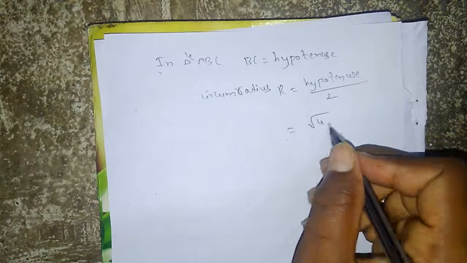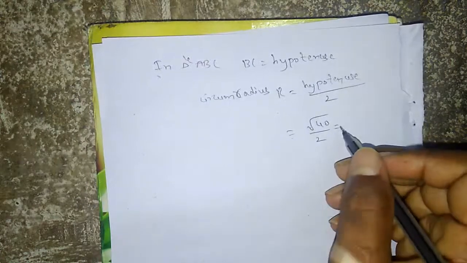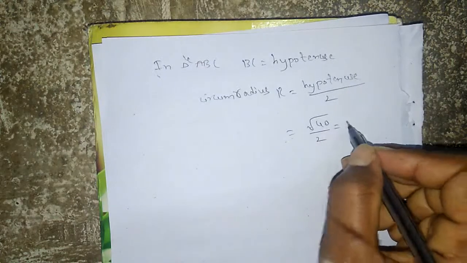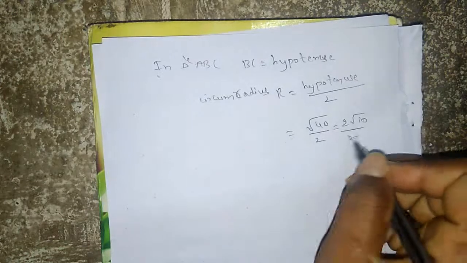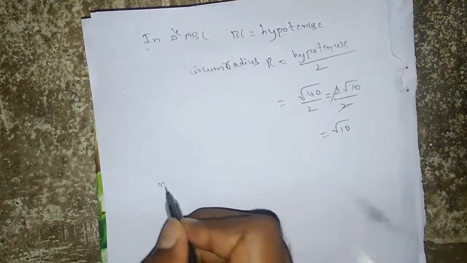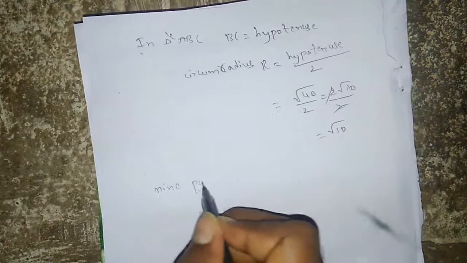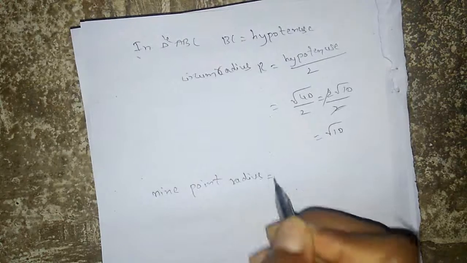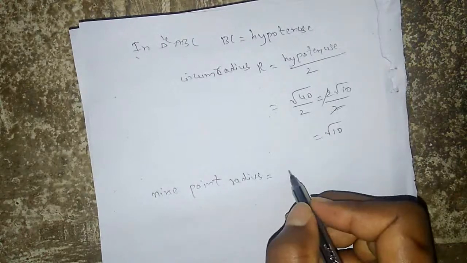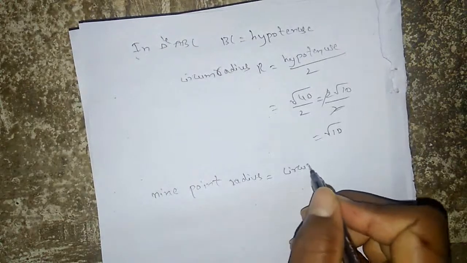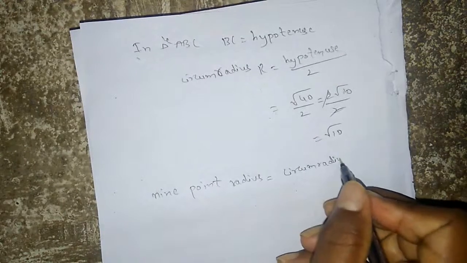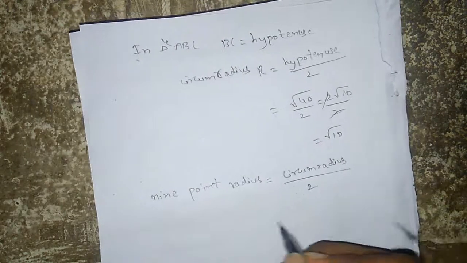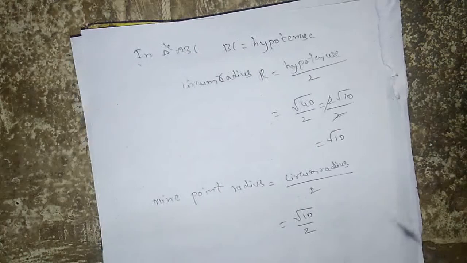BC is root 40 by 2, that is 2 root 10 by 2, that is root 10. Now 9-point radius is equal to circumradius by 2, that is root 10 by 2.